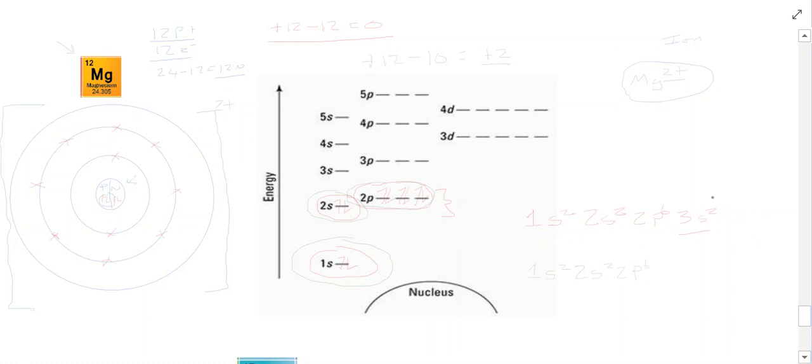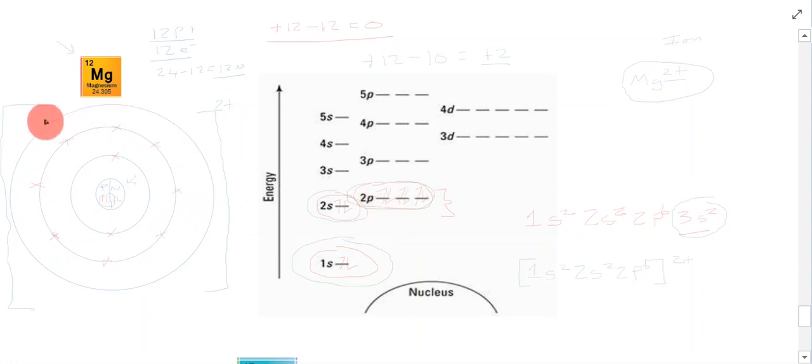What you notice is that this here is gone, so we lose this. How do we represent that? We can put this whole thing in brackets like so, and we put 2 plus. Each of these represents these 2 electrons here, 2 of these 8 electrons, and the other 6.